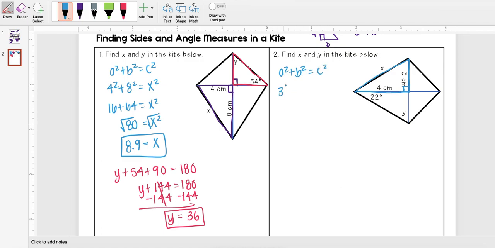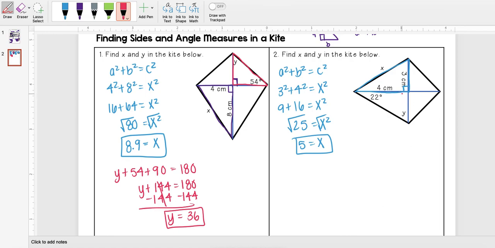I'll have 3 squared plus 4 squared is equal to x squared. 3 squared is really 3 times 3, so I get 9 plus 16 is equal to x squared. 9 plus 16, I get 25. Then taking the square root of both sides, I get that x is equal to 5.